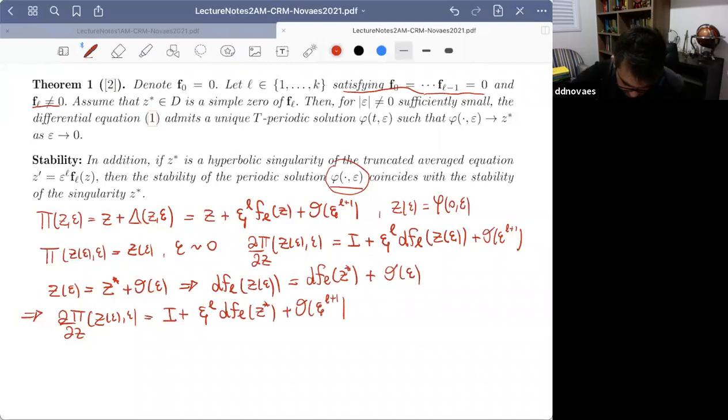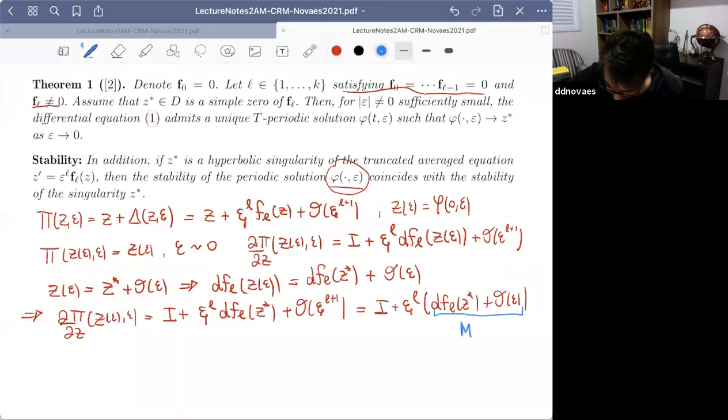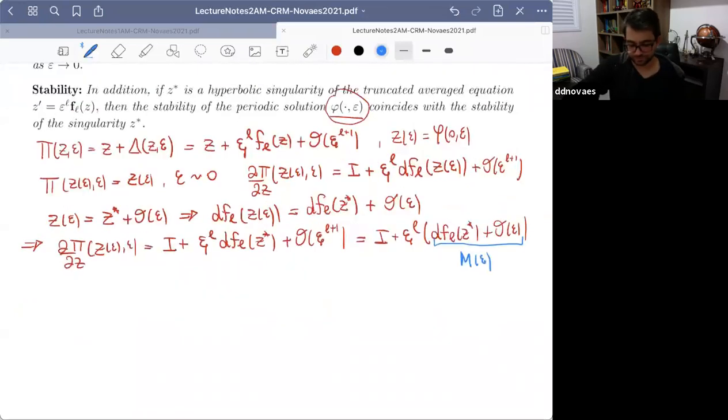So let's just rewrite this like this. It's epsilon^L multiplied by the derivative of FL of z star plus order of epsilon, and let's call this matrix now M epsilon.